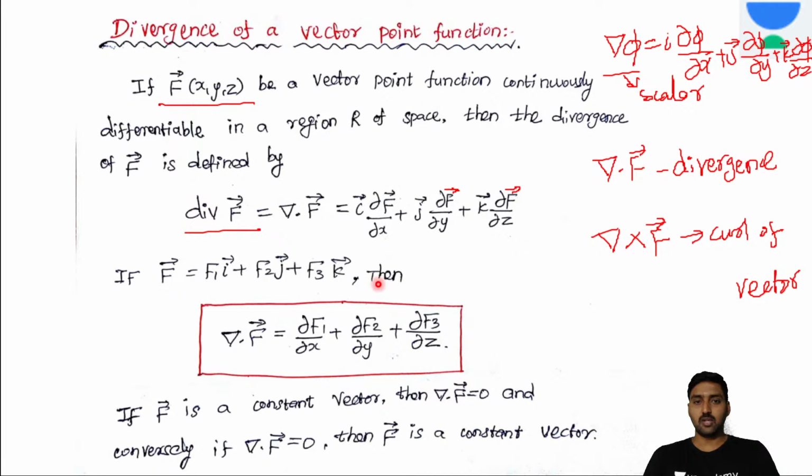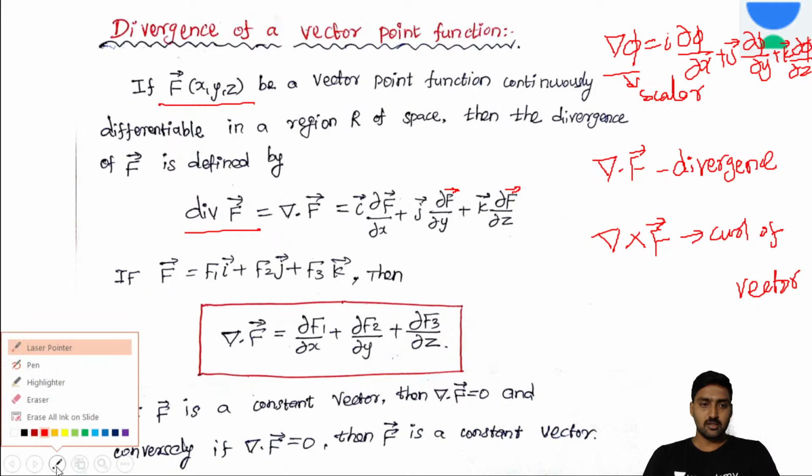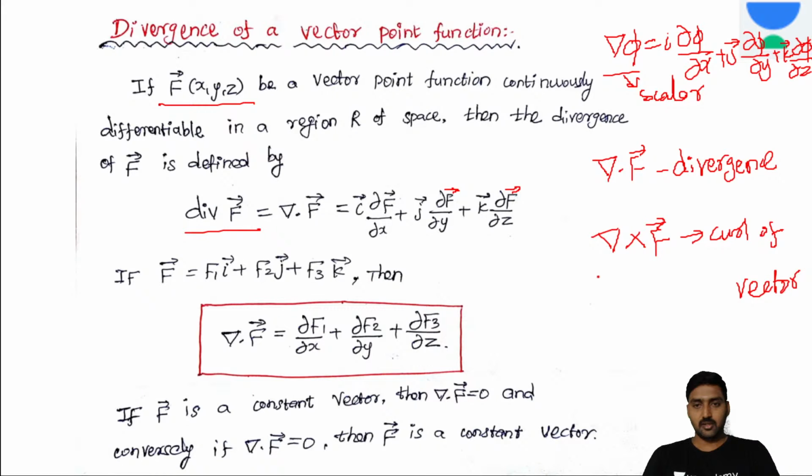While substituting this value, what will we get? Before completing this process, I am giving you one shortcut. Del dot f vector, if f vector is equal to f1 i vector plus f2 j vector plus f3 k vector, is equal to i vector into dou divided by dou x of f1 i vector plus f2 j vector plus f3 k vector.